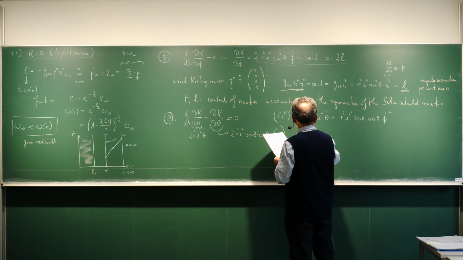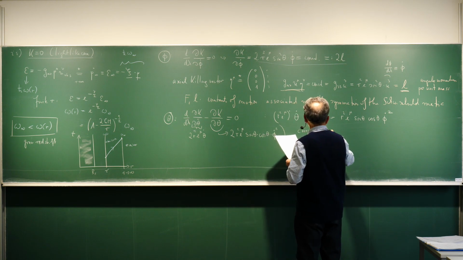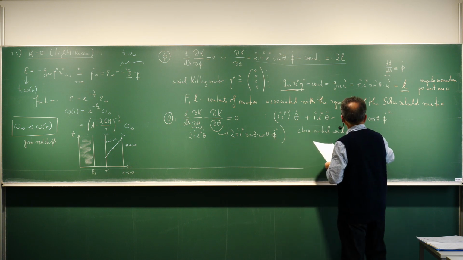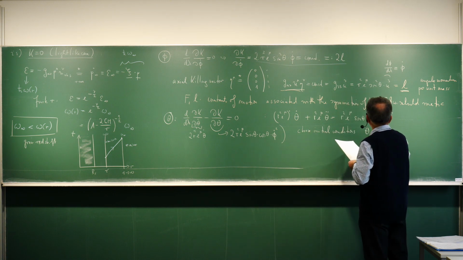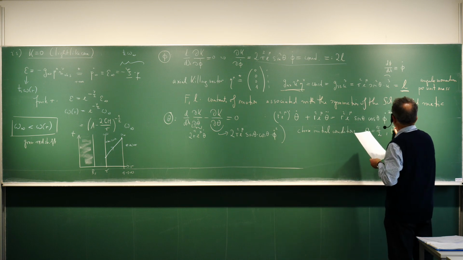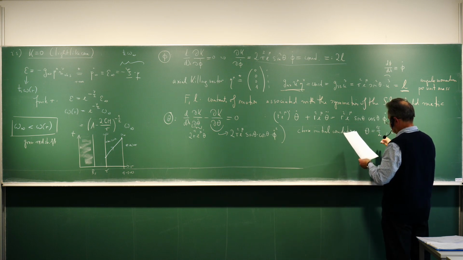So let us choose the initial conditions as follows: theta is pi over 2, and theta dot is 0.